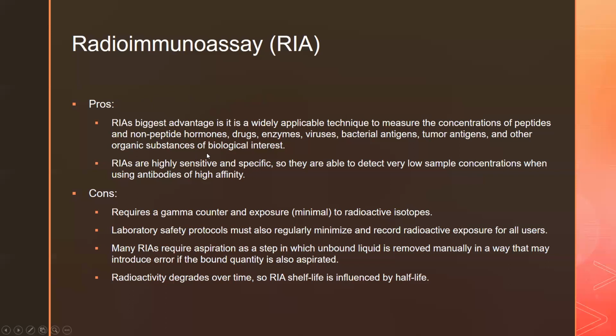Also, it's able to look at peptides, drugs, enzymes, viruses, bacteria, tumor antigens, and other organic substances of biological interest, so very broad on what you can look at. It does require a gamma counter and exposure to minimum amounts of radioactive isotopes. Also, they degrade over time, so there is a shelf life, as opposed to some samples where you can still detect some of these hormones years later.